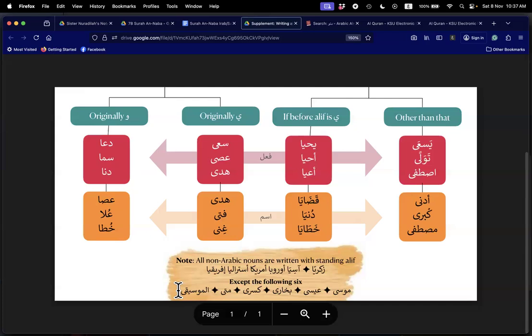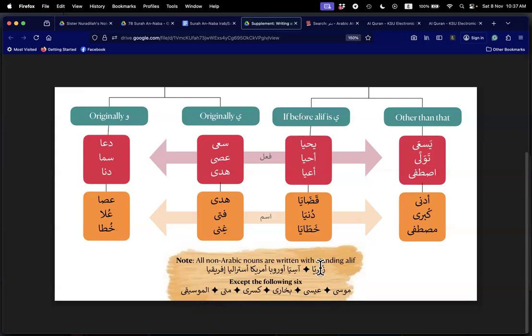You can argue that it's possible to write that in Arabic because we have the word Ahya. Musa and Isa are clearly non-Arabic, so these are exceptions to this rule.